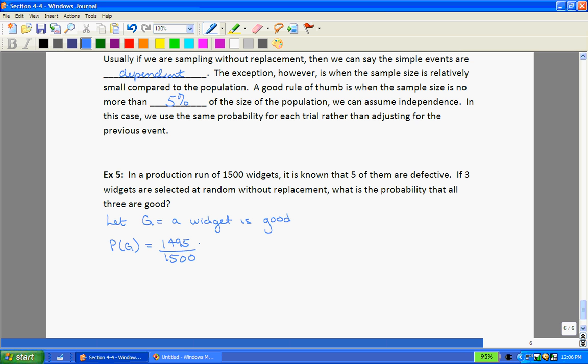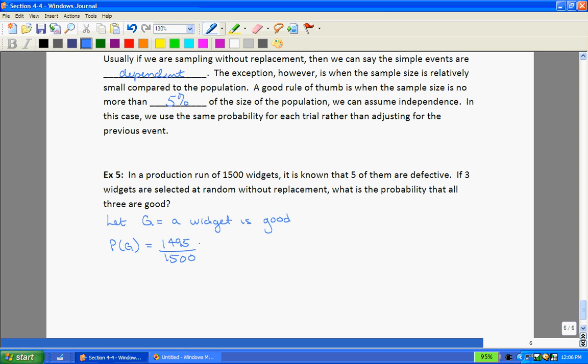Now, truly, we're picking these 3 widgets at random, and we want the probability that all 3 are good. Yes, these are technically dependent events because I would take one and then I'd keep it, and so then I'd have 1,499 to choose from, and I'd have 1,494 that are good.